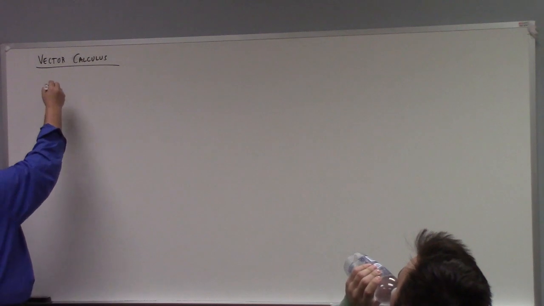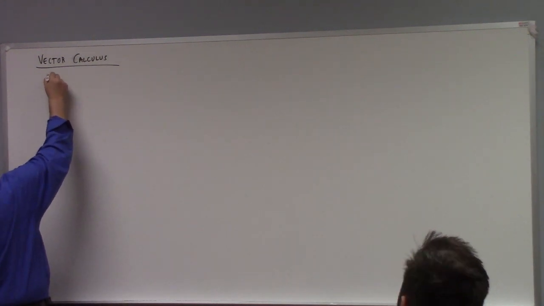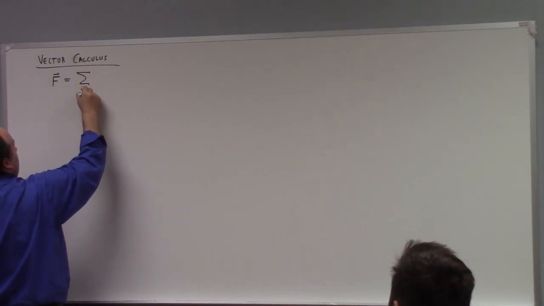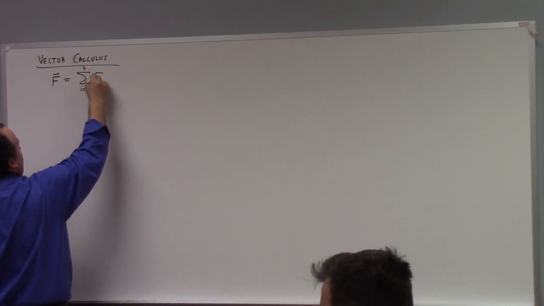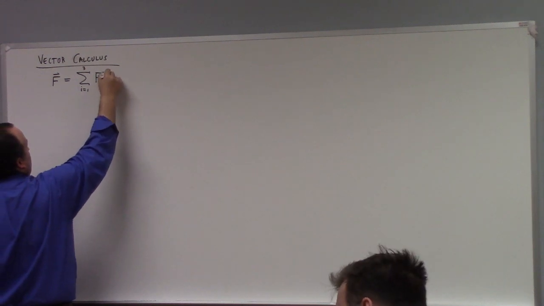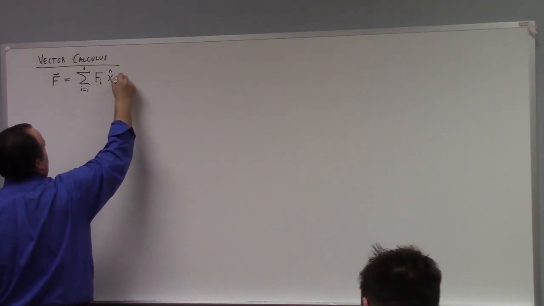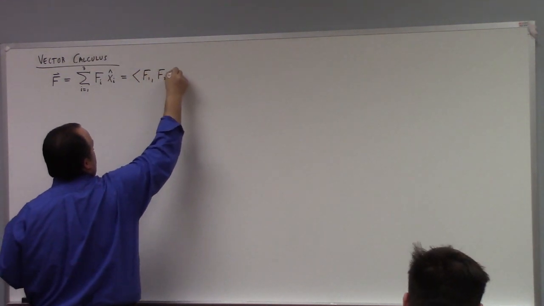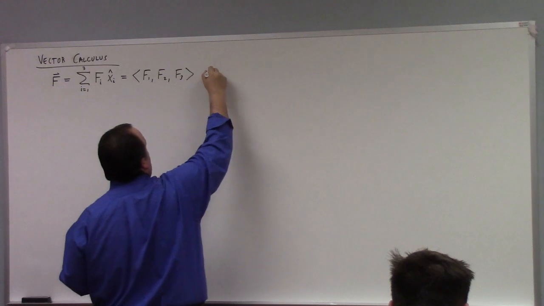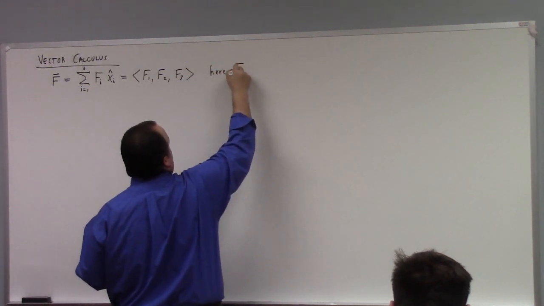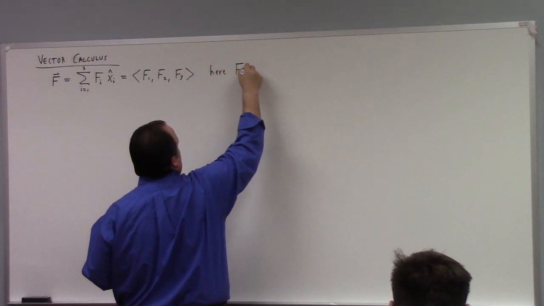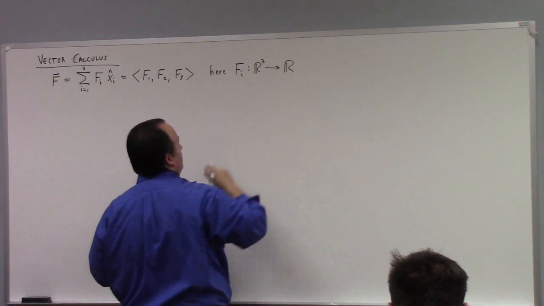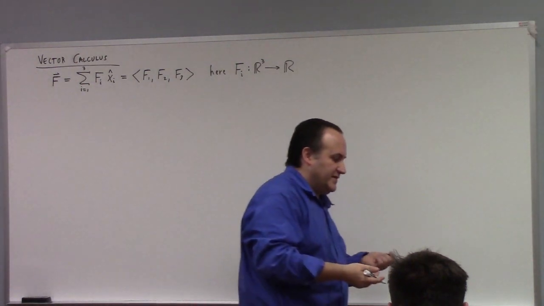So, if I have a vector field f, first of all, I'd like to write it as the sum, i equals 1 to 3, of f sub i x hat sub i. Now, that's just a fancy notation for f1, f2, f3. Here f sub i is a mapping from R3 to R. That's the component function of the vector field.